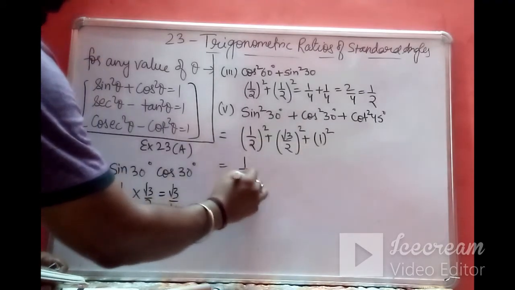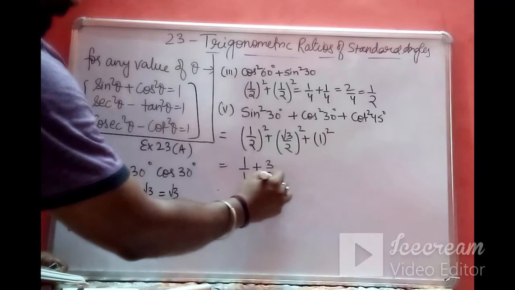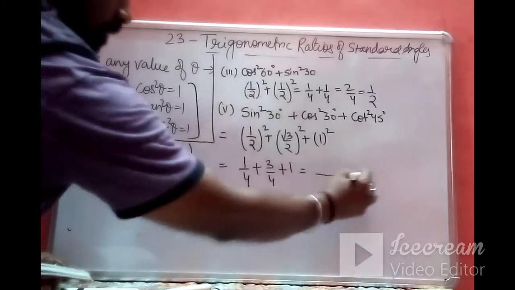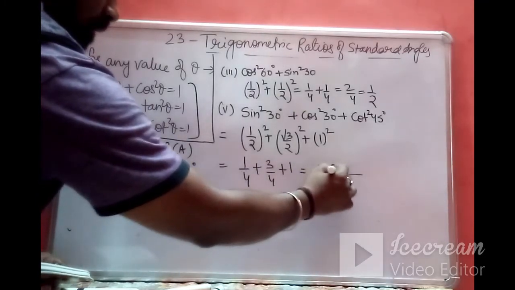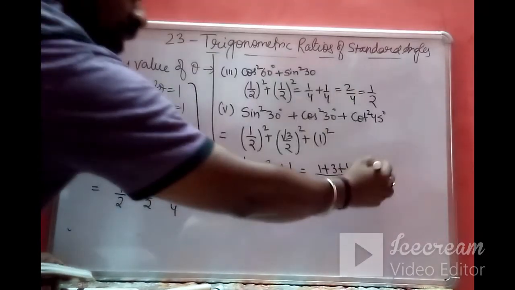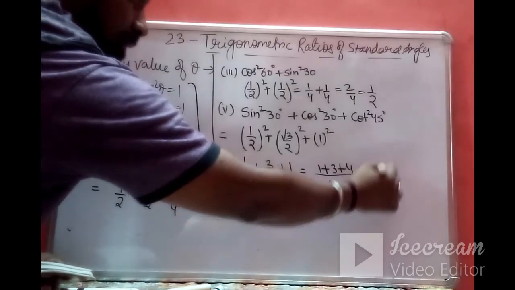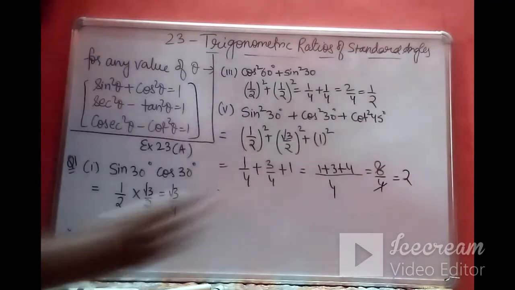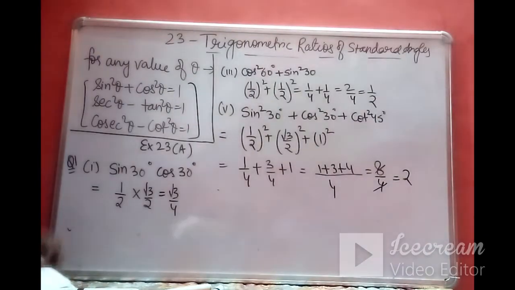So when we solve, we get 1 by 4, 3 by 4 plus 1. 4 is the LCM, 1 plus 3 plus 4, 8 by 4, that is 2. Okay, so just by remembering the values, we can easily find the values of these expressions.